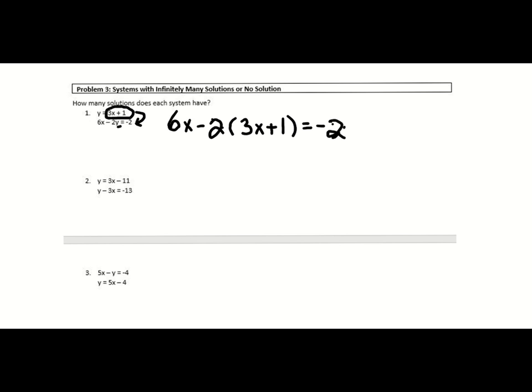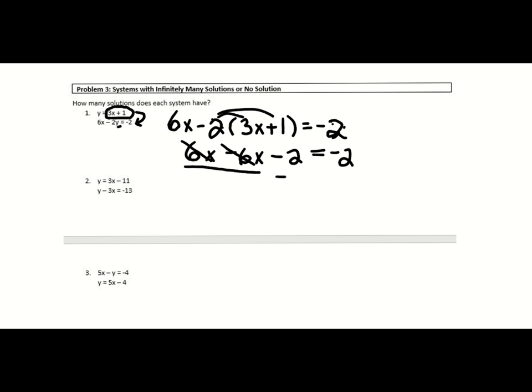Once I have my equation set up, I'm going to solve the equation. So I'm going to distribute the negative 2, so 6x minus 6x minus 2 equals negative 2. And then I'm going to combine my like terms. 6x minus 6x is going to cancel out completely.